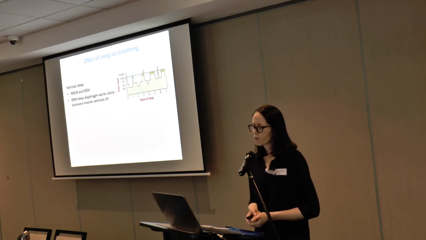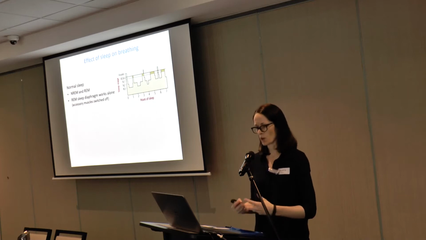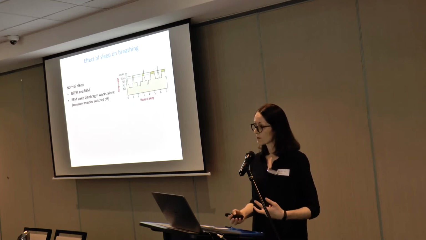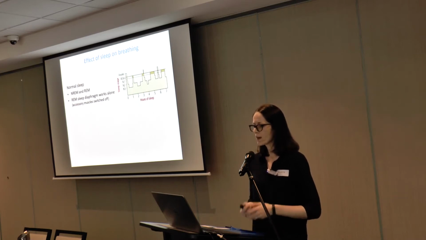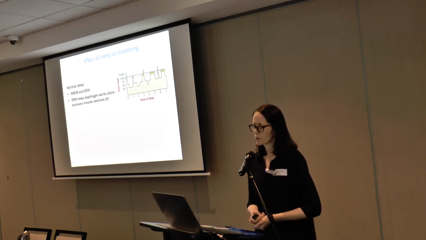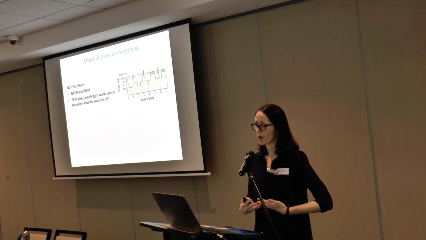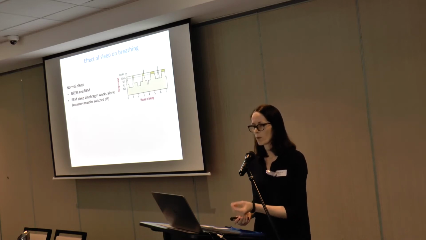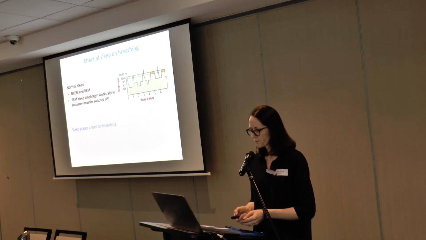The important thing about REM sleep is that it's a good thing, so we don't act out our dreams, but all of the voluntary muscles, or the muscles we have control over in our body, they all relax during REM sleep, except for the diaphragm and the muscles around the eyes. So what this means is that if your diaphragm is weak, breathing can be a problem in this stage of sleep.